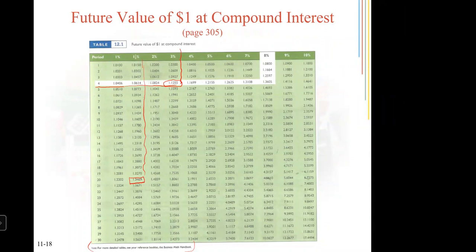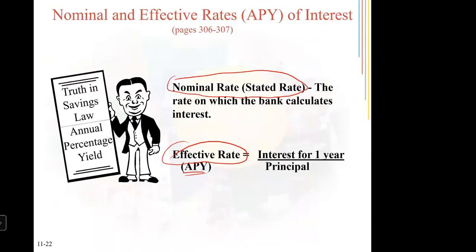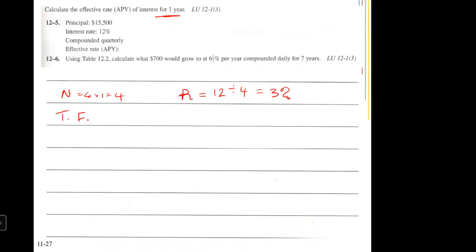It was 4 periods at 3%. Okay, and you said 1 point what? 1.1255 for 3%.